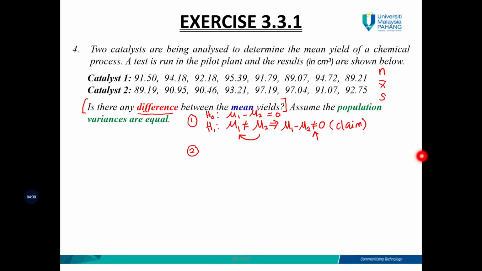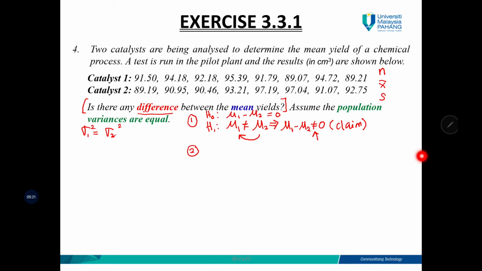The next information given is the assumption on the equality of the population variances. Assume the population variances are equal, denoted by sigma 1 squared and sigma 2 squared, and since they are equal, they will be the same. Based on the information given, we can choose the test statistic.